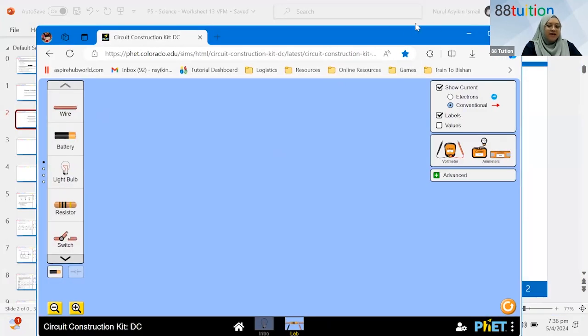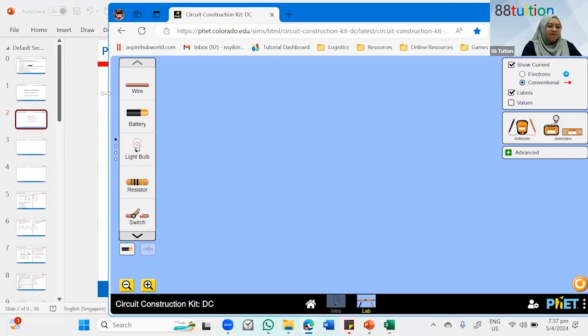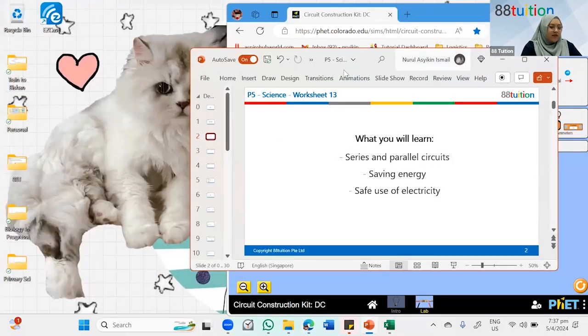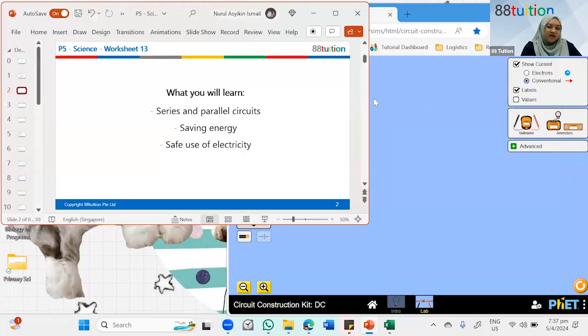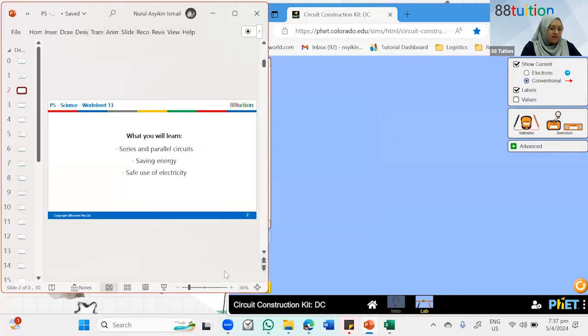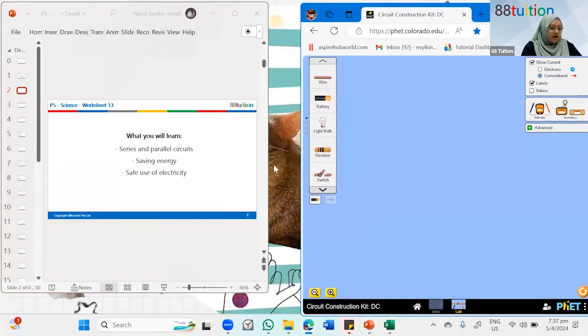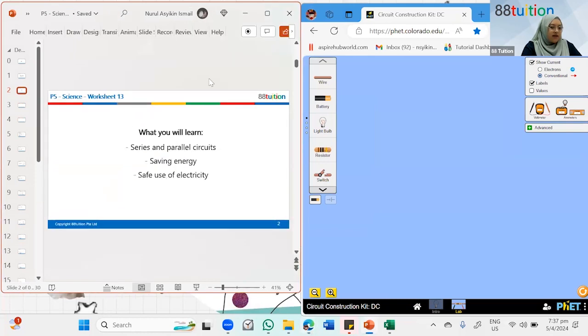I forgot already. Okay, so I will use this side by side like this. If I make it smaller like this, can y'all still see my screen? Can you still see the words or not? Okay, make it like this. Can you still see what's on this slide?